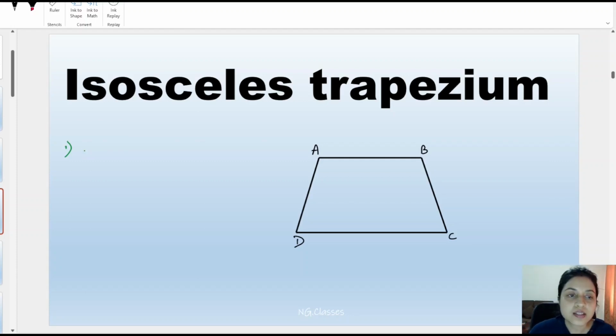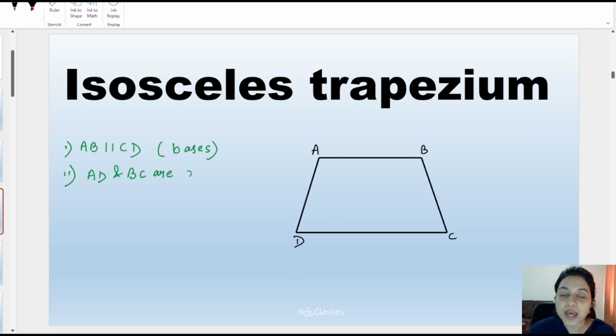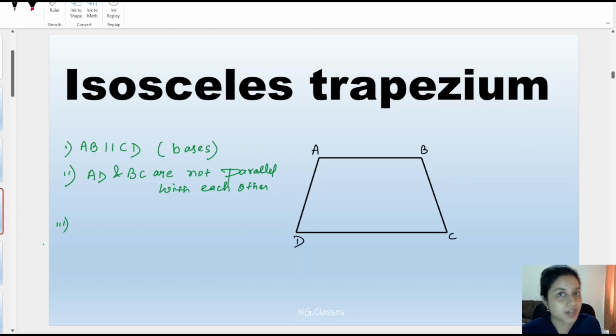Side AB is parallel to side CD, and both are known as bases of the trapezium, whereas sides AD and BC are not parallel with each other. These are the properties of a trapezium.